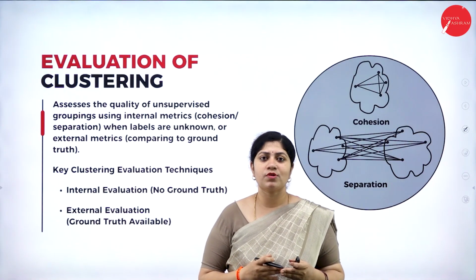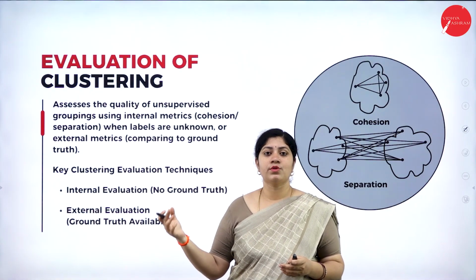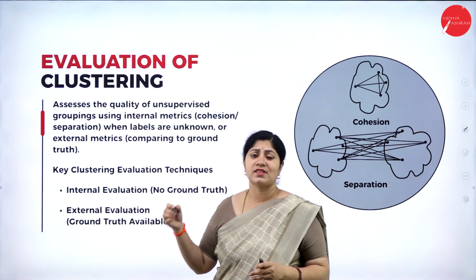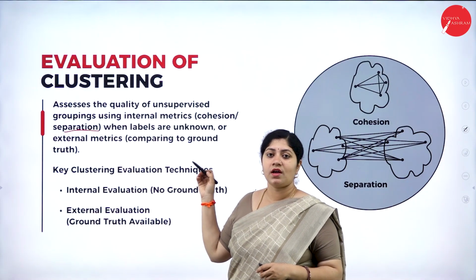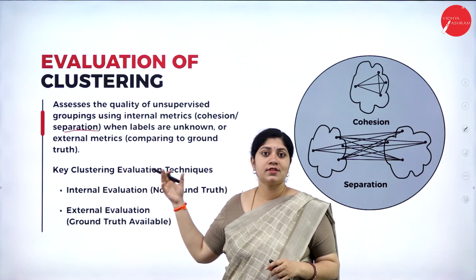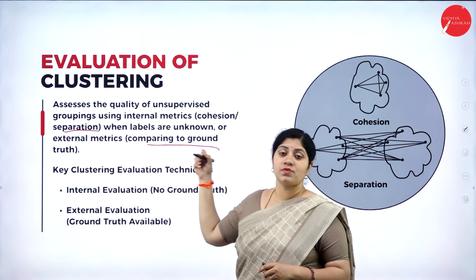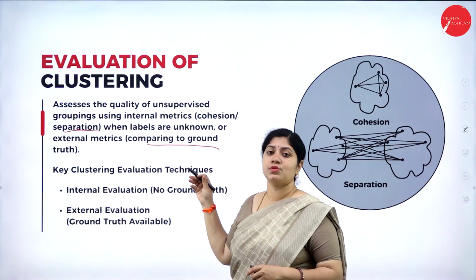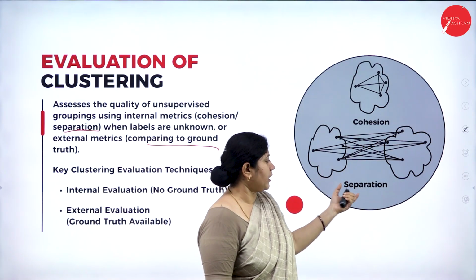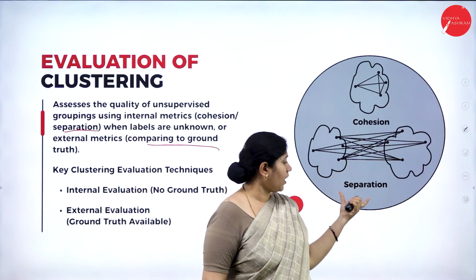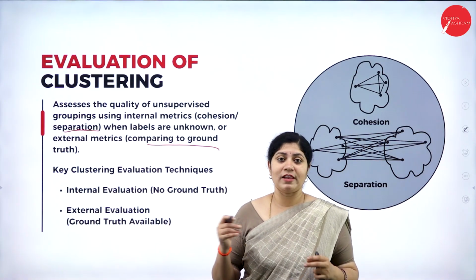This is responsible for assessing the quality of unsupervised groups using internal metrics like cohesion or separation, even when the labels are unknown. We also have external metrics, which compare to the ground truth. So these are the basic internal metrics, cohesion and separation, that we consider with any of the evaluations.